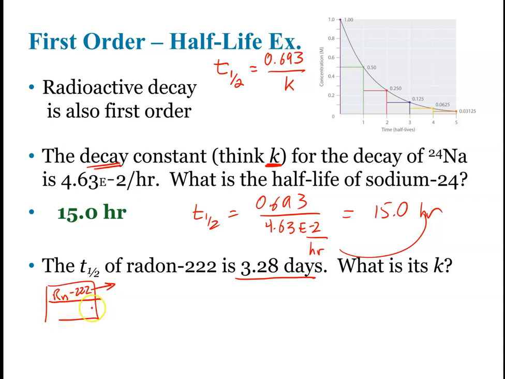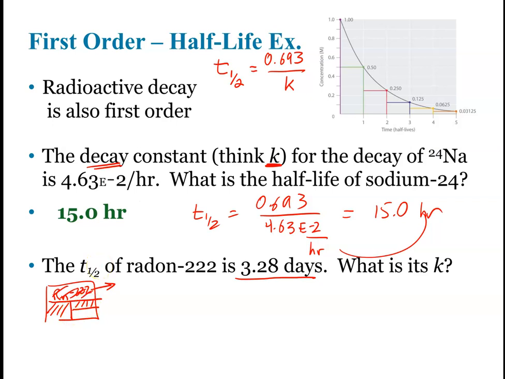So then you would have half of it. Every 3.28 days, half is gone, then half of the remaining amount after 3.28 days, and then half of that remaining amount after another 3.28 days, and so on.